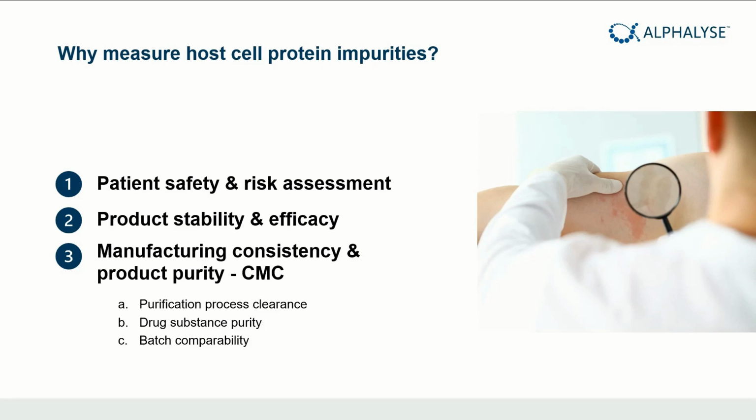You have to document the purity of your drug substance, and you have to document comparability between batches when you scale up, when you manufacture new batches, when you move the process to a different CMO, et cetera. So all these 3 reasons are important. They are difficult to do when you only do an ELISA where you get only a number. So to do this in a detailed way, mass spectrometry has shown to be very efficient, and I'll show you some data on this.